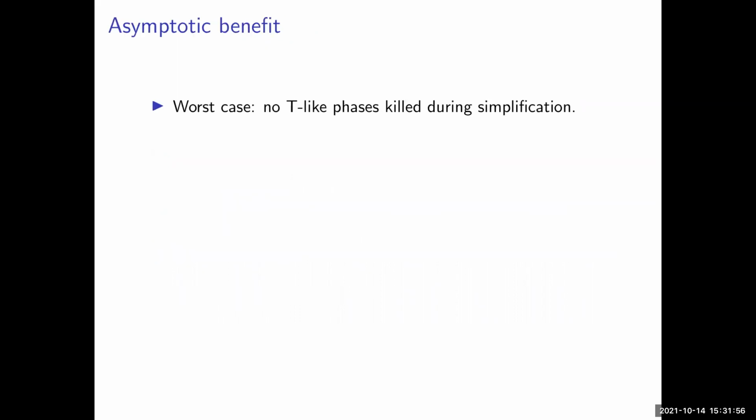So the asymptotic benefit. The worst case scenario is that we do this whole procedure, but we actually never kill any additional T-like phases, right? So the simplification strategy only removes the Clifford spiders. We never kill additional magic states. So we just do essentially a standard decomposition, and it doesn't matter if we were optimizing intermediately. Or in fact, it turns out it actually does matter that we optimize intermediately, because in this case, at every step, we only need a constant number of rewrites, because we're replacing 6 spiders.